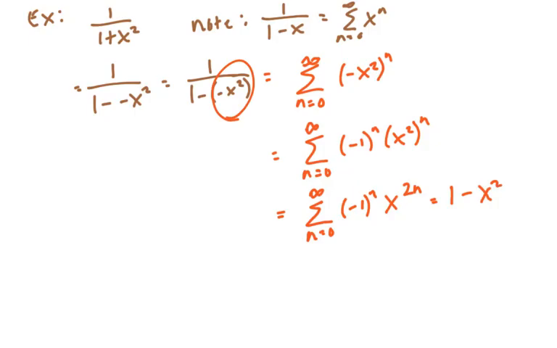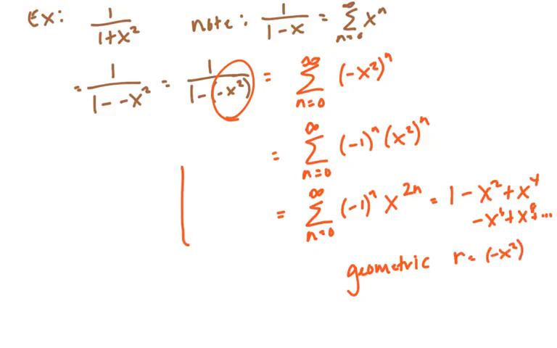When we put in 2, we have a positive x to the 4th, and so forth. Minus x to the 6th plus x to the 8th plus dot, dot, dot. So you can see that this is geometric, and our ratio is negative x squared.